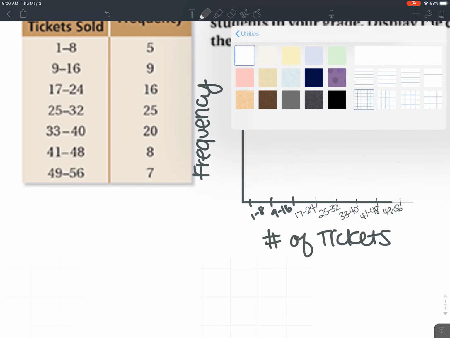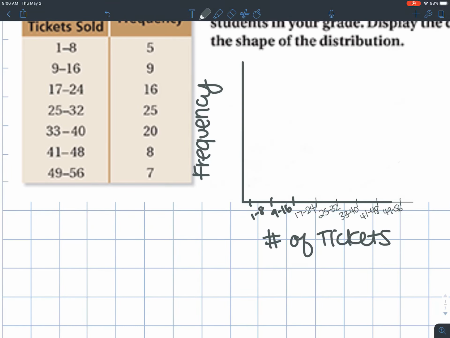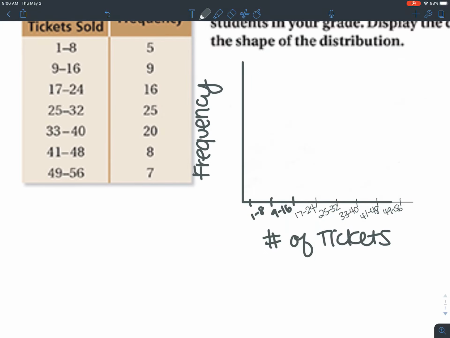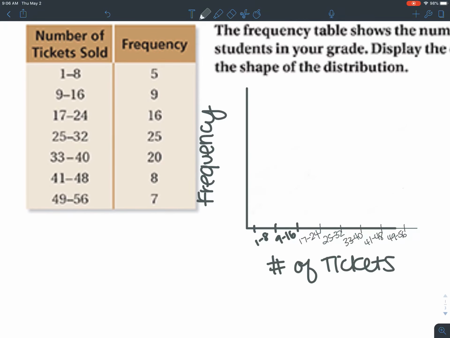Let's change that to graph paper. Actually, never mind. Okay. The frequency is, if we listed out all of our numbers, then there would be 5 numbers that are between, including 1 and 8. There are 9 numbers that are between the interval 9 to 16.